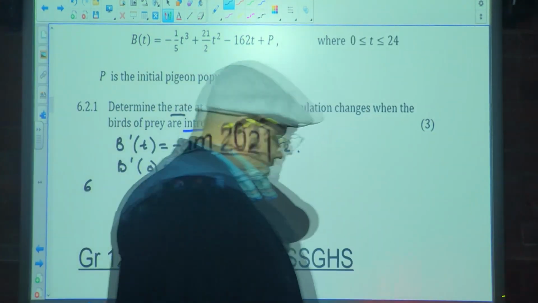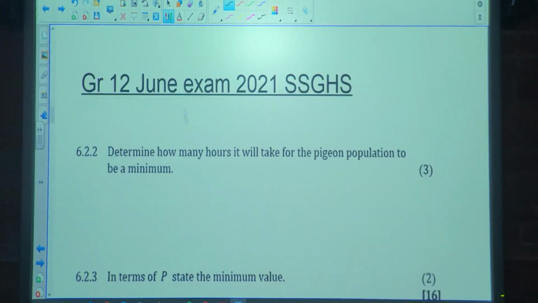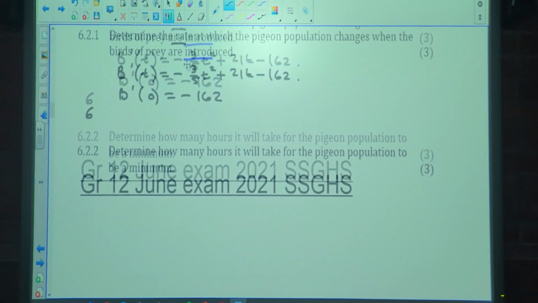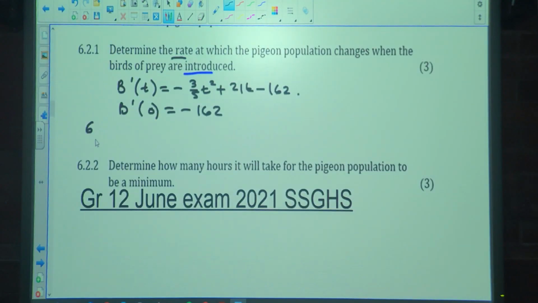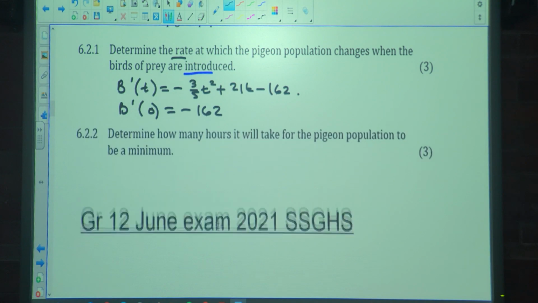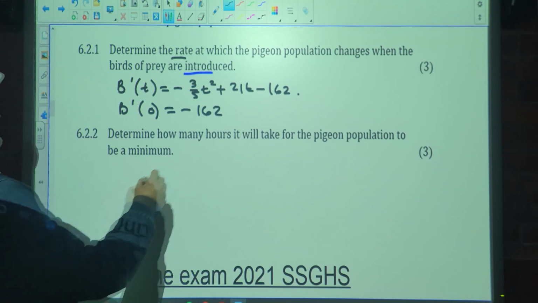The next question we are told: determine how many hours it will take for the pigeon population to be a minimum. So when we say something is a minimum, the first derivative is equal to 0.